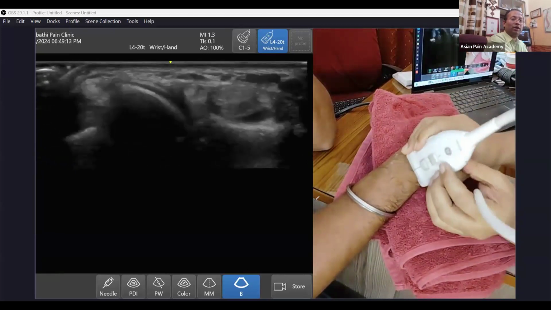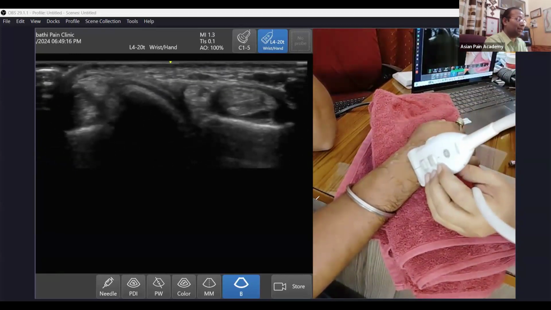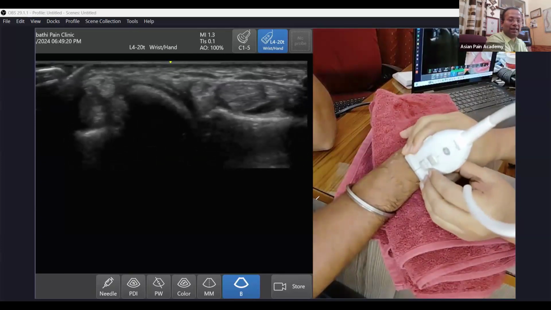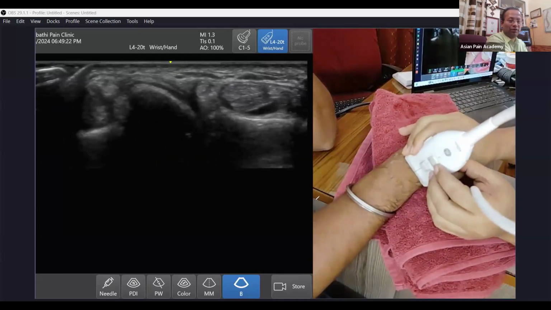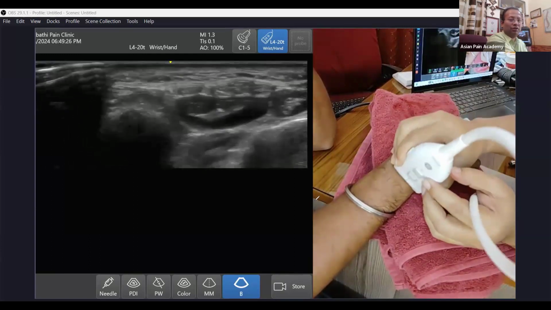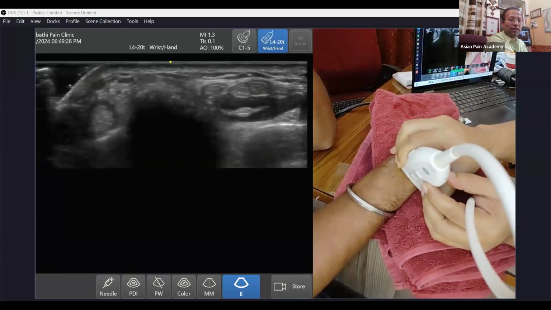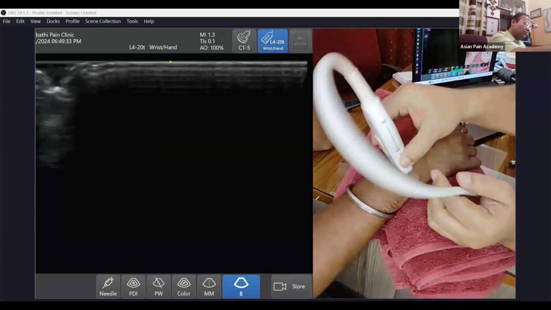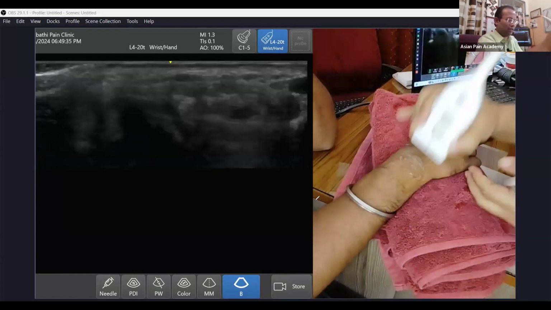Another thing, when we are seeing this extensor digiti minimi and the distal radioulnar joint, we should go a bit proximal to see if there is any effusion. For arthritis cases, not in these cases.